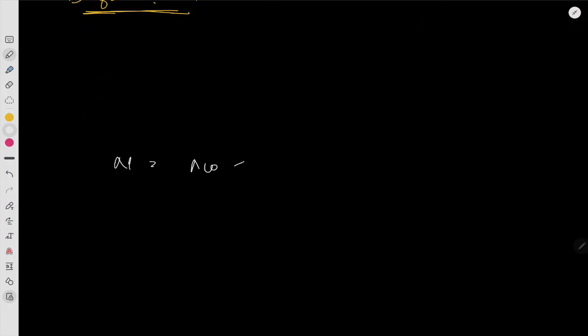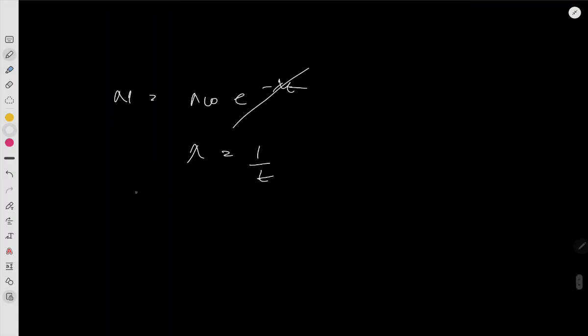N equals N naught e to the power minus lambda t. I am writing lambda equals 1 by t, therefore all this gets cancelled, and then it becomes N equals N naught e to the power minus 1 by t into t.